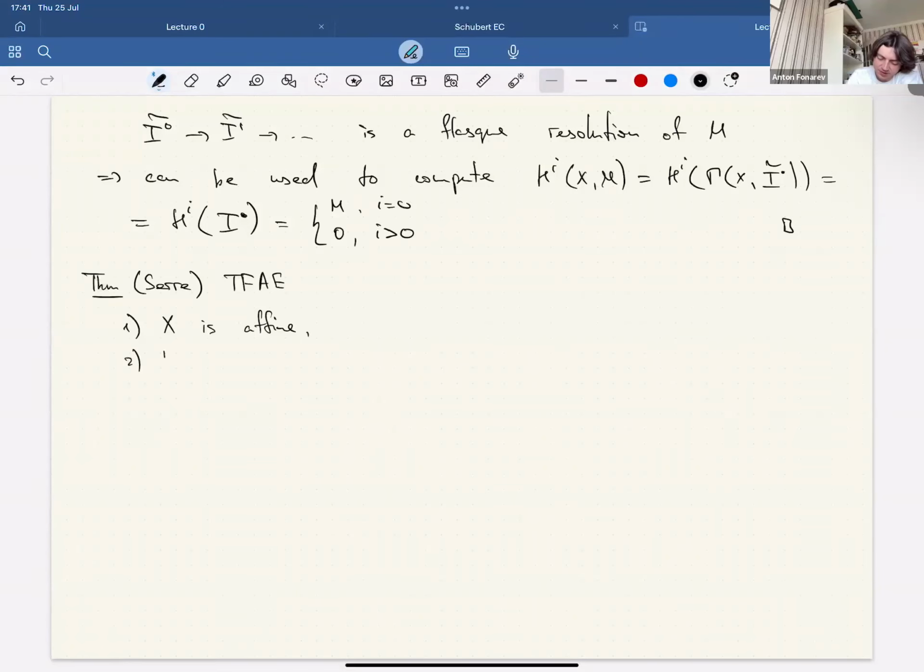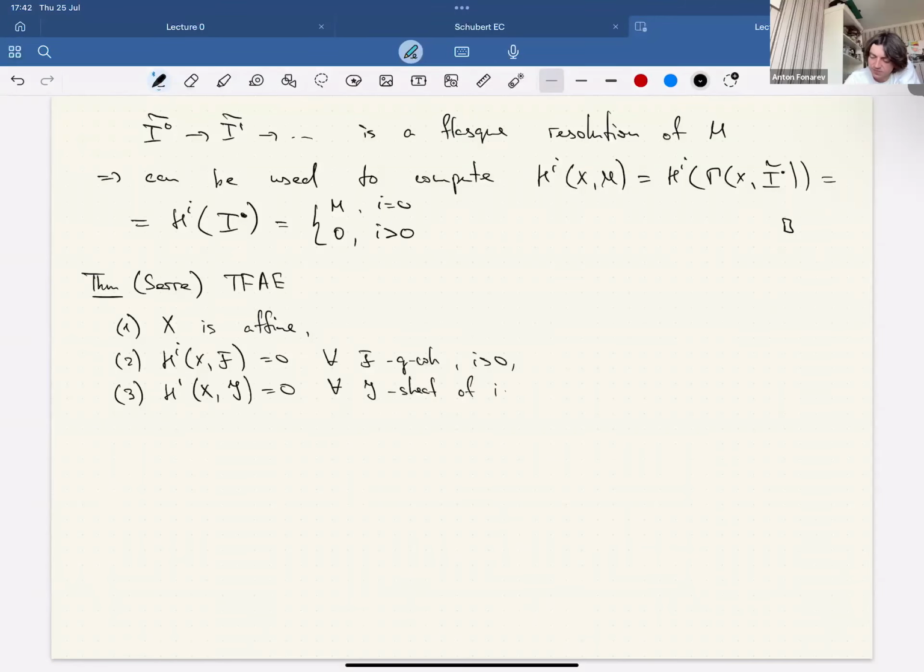Second, H^i(X, F) equals 0 for any F quasi-coherent and for all i greater than 0. And third, H^1 on X of I equals 0 for any sheaf of ideals I. So again, sheaf of ideals, I always mean quasi-coherent.